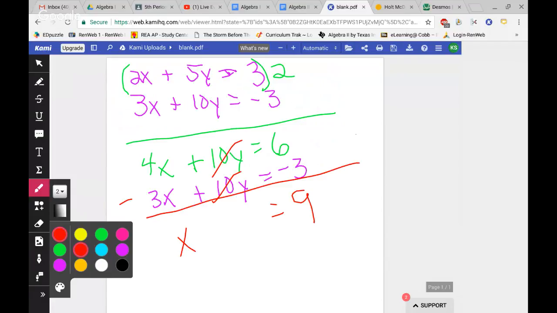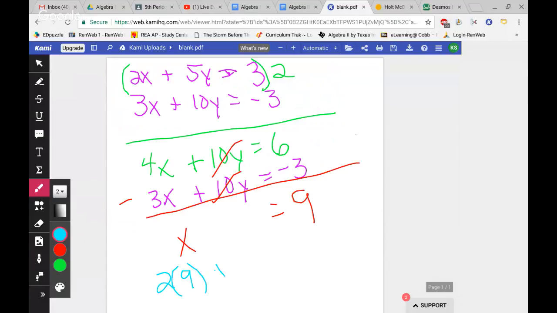So I'm going to plug x in for 9, and I'm going to use the top one. 2 times 9 plus 5y equals 3. 18 plus 5y equals 3.